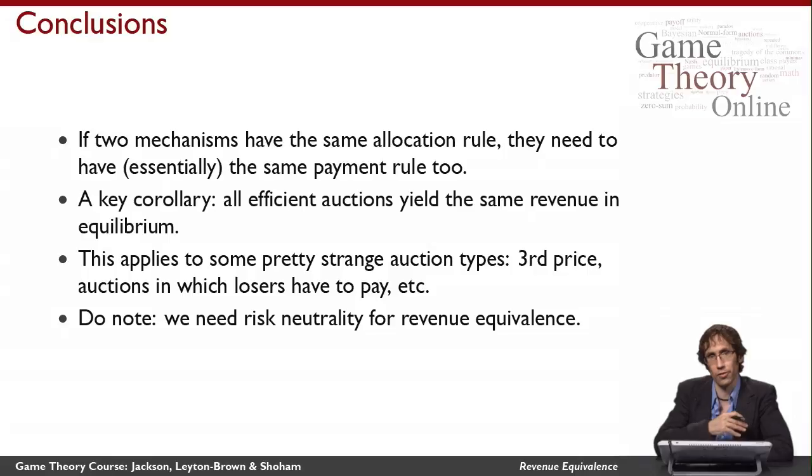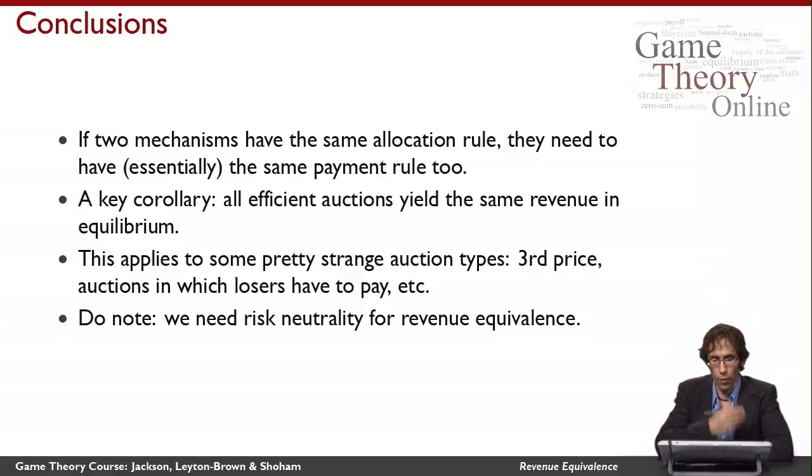What this characterization result said is something much stronger, that having the same allocation probability implies exactly the payment identity that you saw. And the payment identity has a term in it for what the lowest possible type gets, and so if that is set constant in both cases, then they have to be the same.